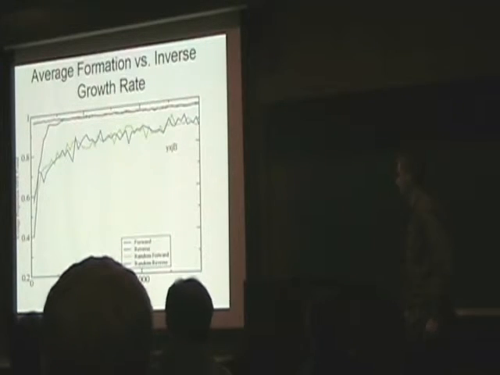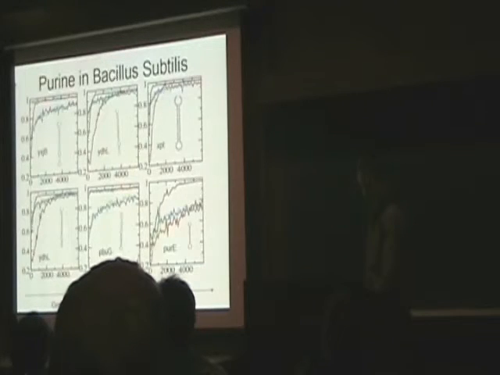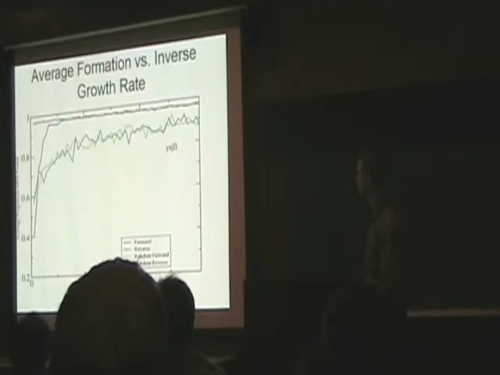So I'll soon be showing the results, and the plots you'll see, the first set at least, will look something like this. This is for the YXJD gene in Bacillus subtilis.